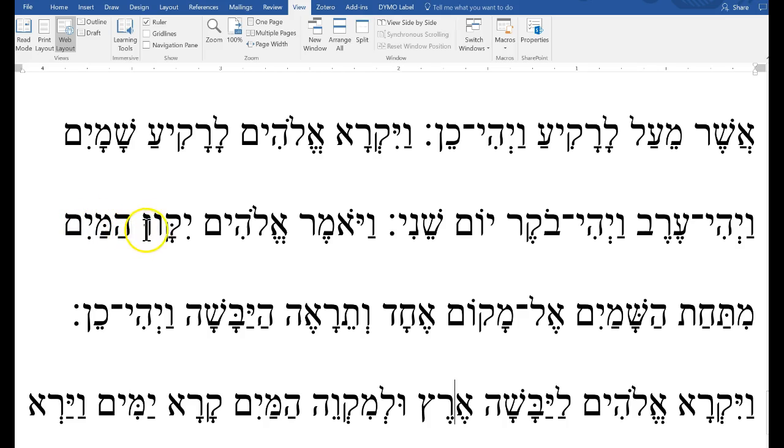Let the waters, and this is a jussive, but it's niphal. Let them be gathered. And for those of you who can read Greek, you might look at the Septuagint, and it's going to talk about the waters "synagoguing" together. Let the waters be gathered together.